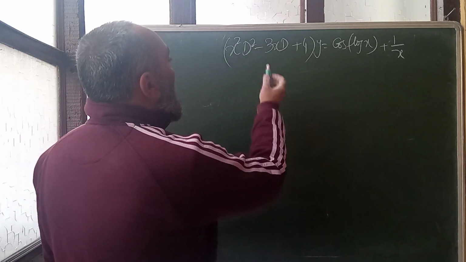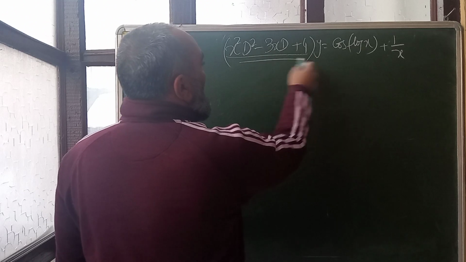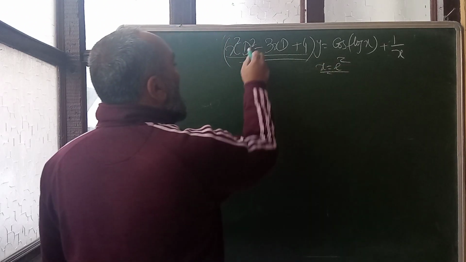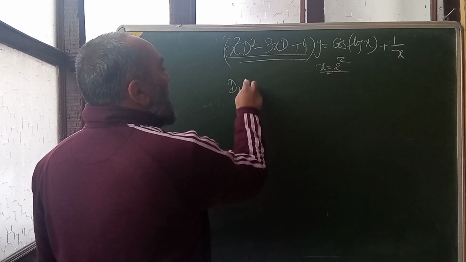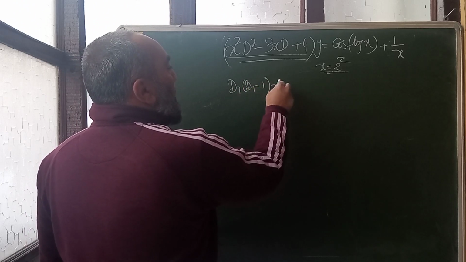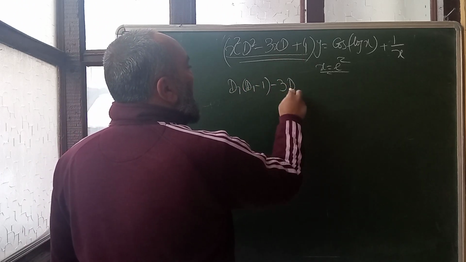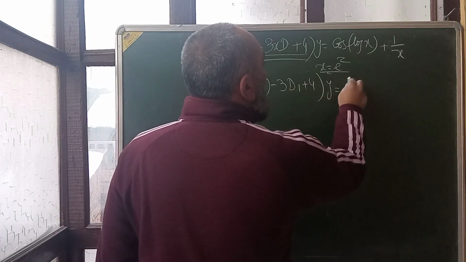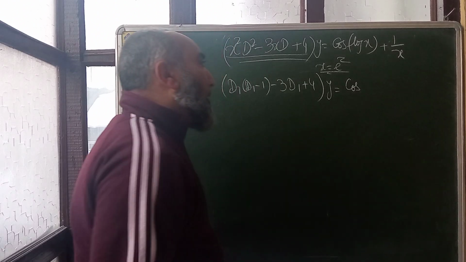So let me transform this. You have x equal to e to the power z, and you know x square d square is D1 (D1 minus 1), and 3x d is 3 D1, plus 4, operating on y equal to cos of log x.